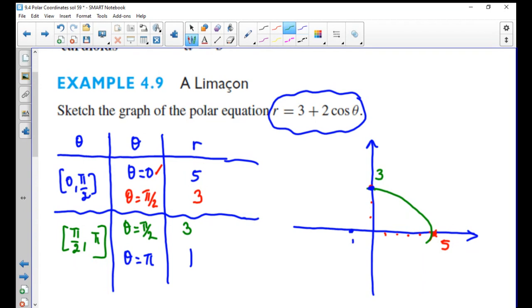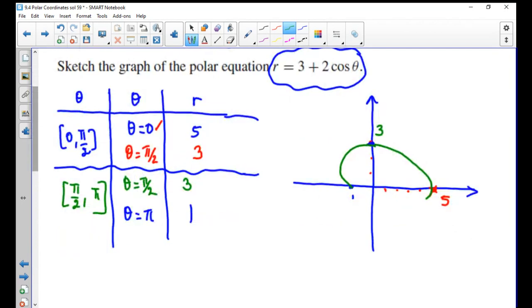And our graph, in fact, will do something like this. You can take other values of theta if you want, but I'm just giving you the main points. And then what do you think the next interval will be?